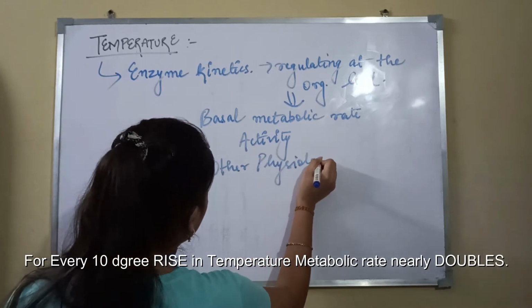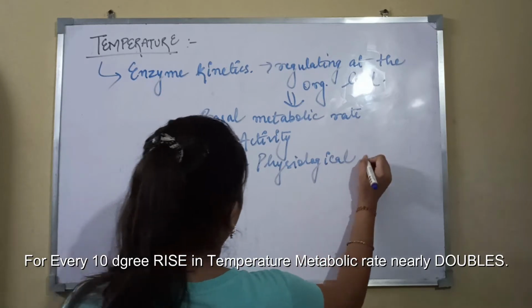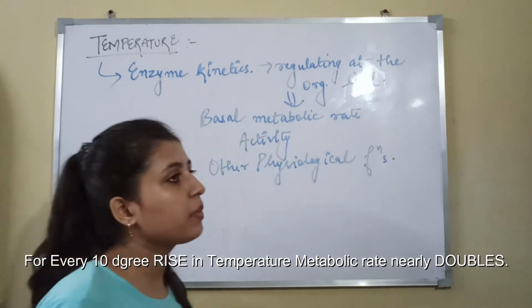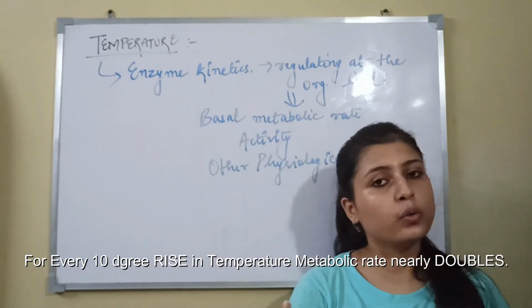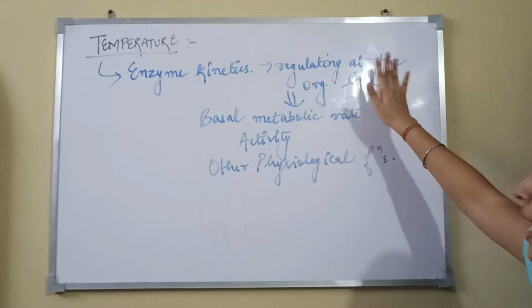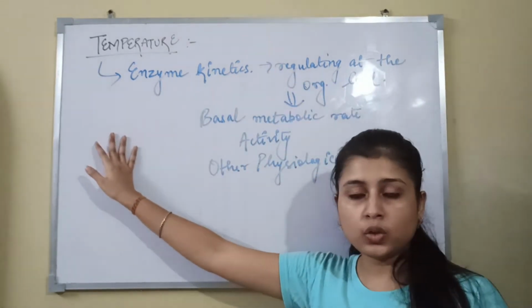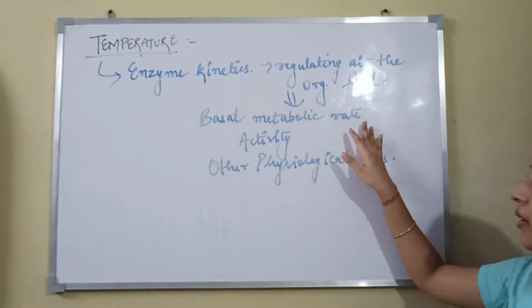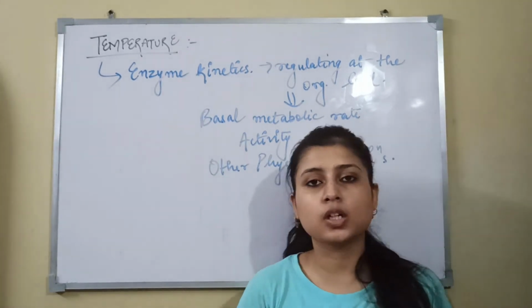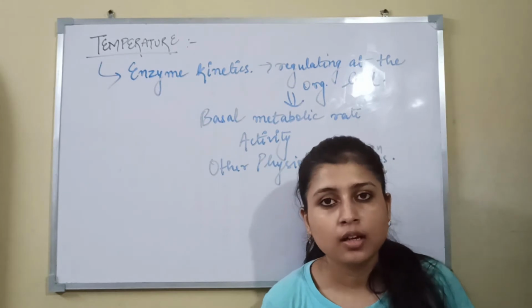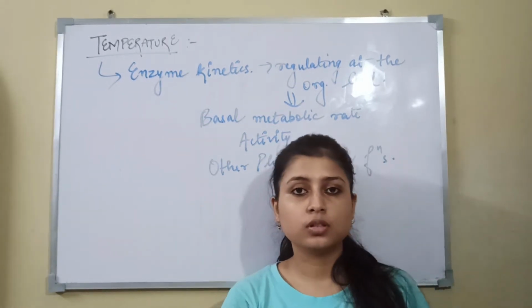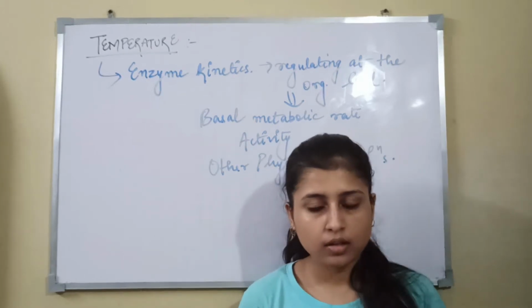So temperature either disturbs or regulates enzyme kinetics; most appropriately, it regulates. And it regulates at the organism level: the basal metabolic rate, the activity part, and other physiological functions are all concerned with enzyme kinetics. So that is how temperature plays such an important role at the organism level, right?